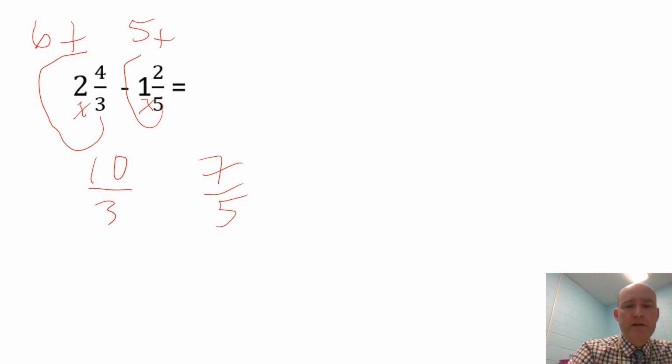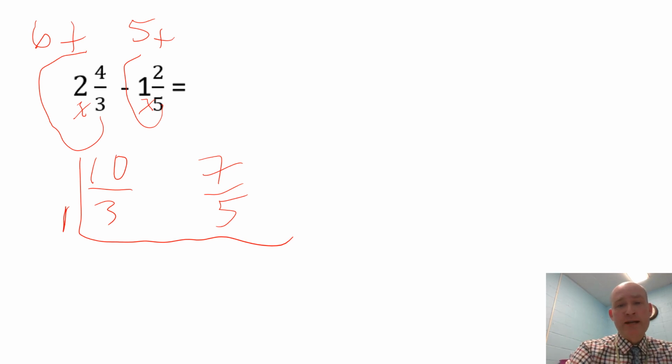Okay. And well, guess what? I'm going to have to factor because they are not common denominators. Well, guess what? I can't divide 3 or 5 into anything. So I have to use the answer of 1. So 3 divided by 1 is 3, and 5 divided by 1 is 5. And then I cross multiply.